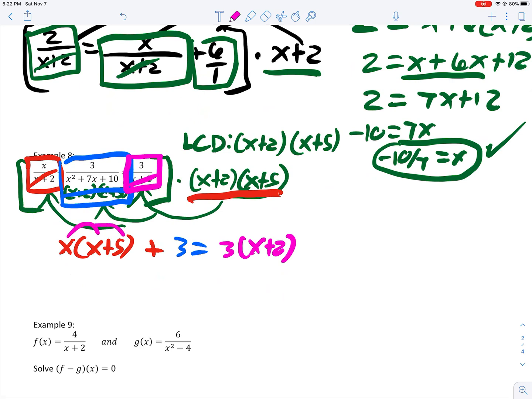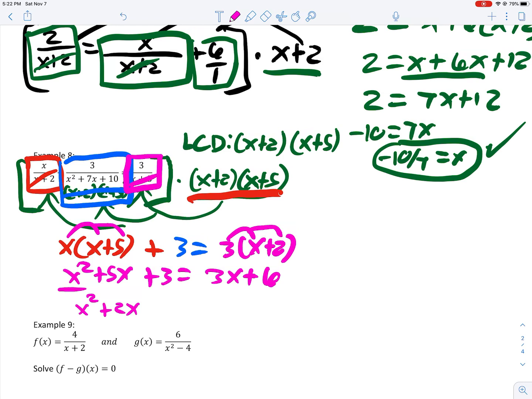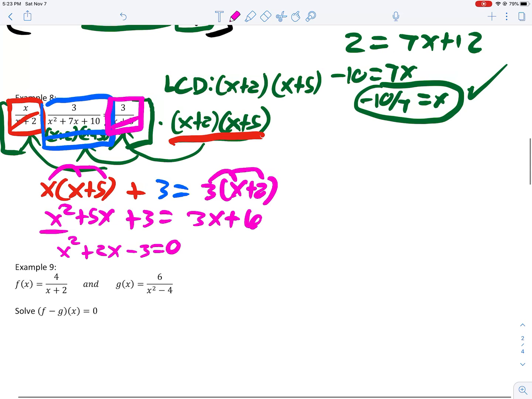So now I'm going to distribute. So x squared plus 5x plus 3 equals 3x plus 6. So I do notice that there's an x squared. So I'm going to try to get that by itself. So I'm going to subtract 3x over. So that's 2x. And I'm going to subtract 6 to get minus 3. So now I'm going to factor that, hopefully.